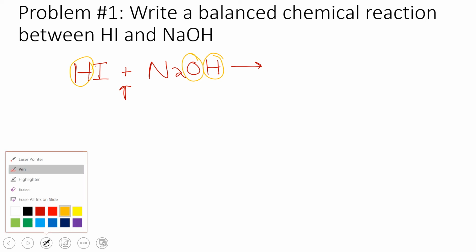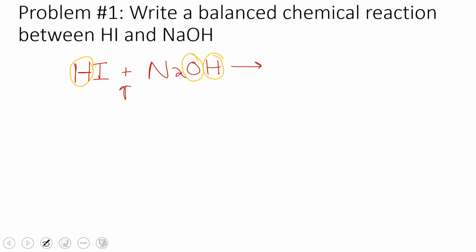So with that information, I should be able to go and write my water, right? H2O plus, and then whatever I'm left with is pretty much my compound. It is important that whichever one is at the beginning stays at the beginning, and whichever one is second stays second. So here I'm going to have H2O plus NaI. That's it. That's all you have to do.